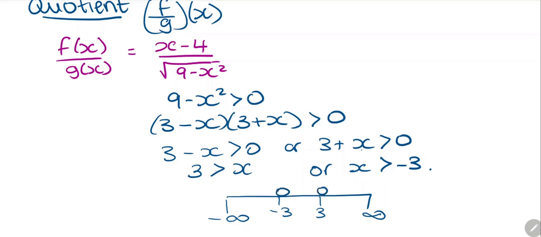And then it says x is less than 3, but x is greater than minus 3. So we're looking at this area here. So our domain is going to be negative 3 to 3 with the round brackets this time.